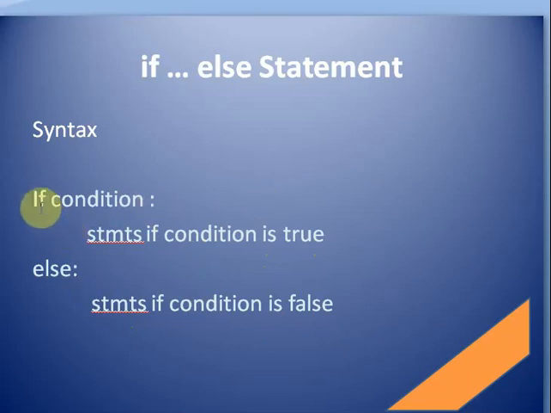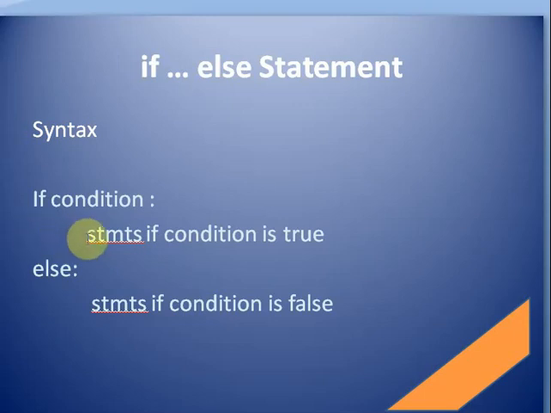Note that after the keyword you have to write condition and then colon. And then on the next line you have to use some indent. For example, 3 spaces, 4 spaces is called as indent.